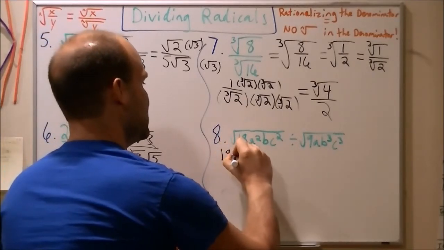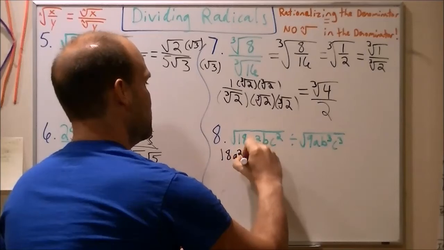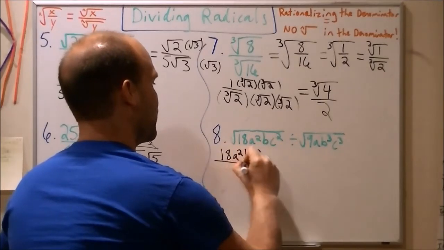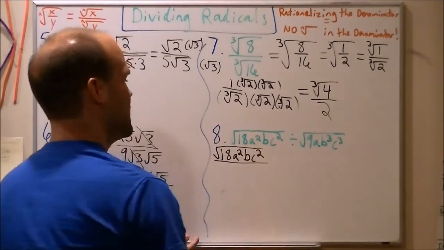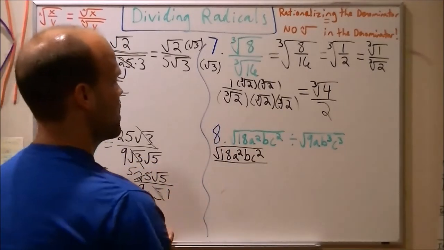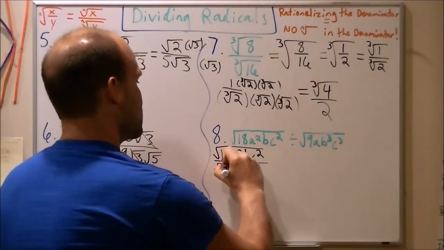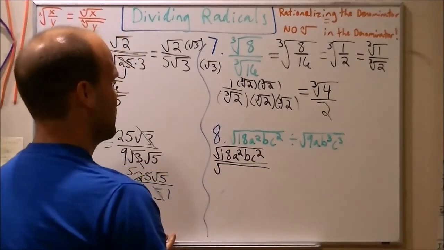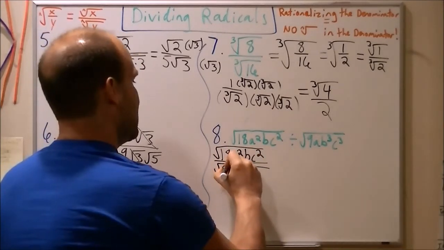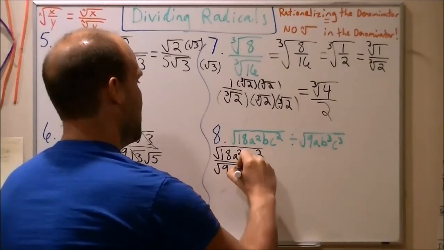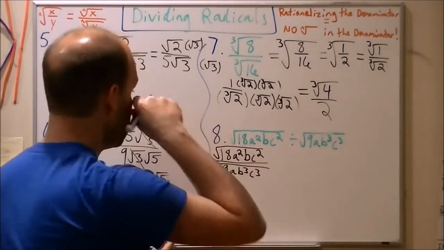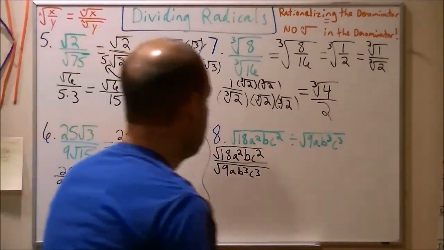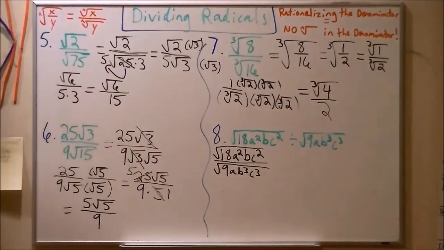And so I'm going to put 18a squared, b, c squared over, okay, but let's not forget that's square root, easy to do. Square root of that term over the square root of, let's do that first on this one, 9a b cubed c cubed.